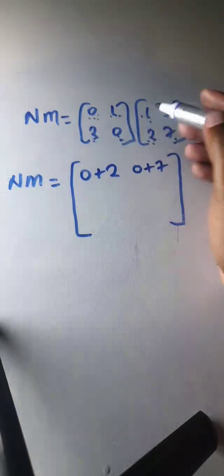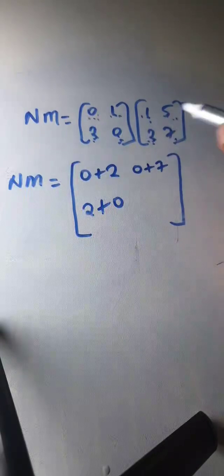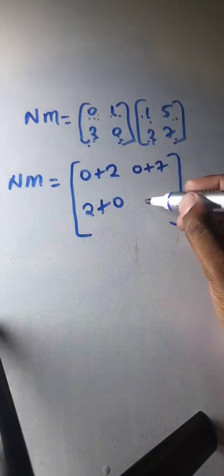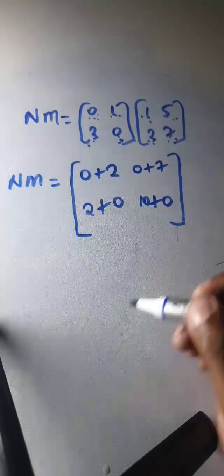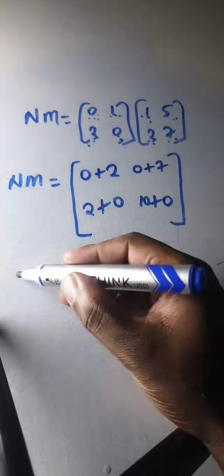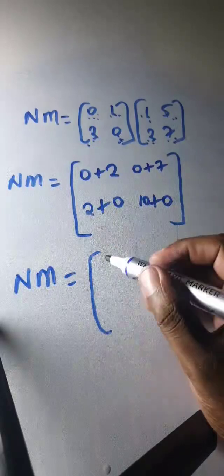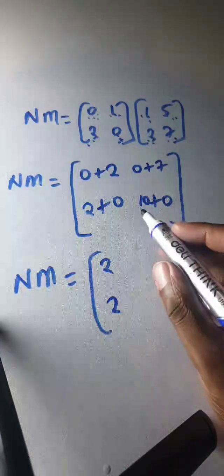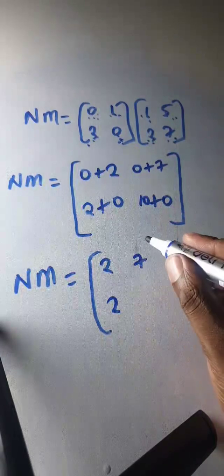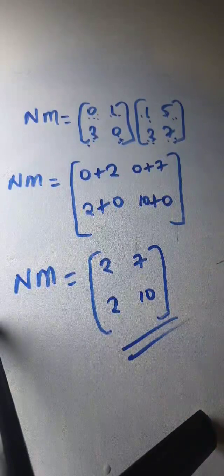Second row: 2 times 1 is 2, plus 0 times 2 is 0. 2 times 5 is 10, plus 0 times 7 is 0. So NM is equal to 0 plus 2, 2. 2 plus 0, 2. 0 plus 7, 7. 10 plus 0, 10. That's it.